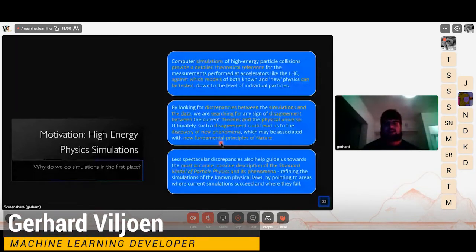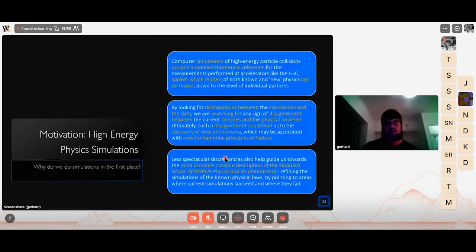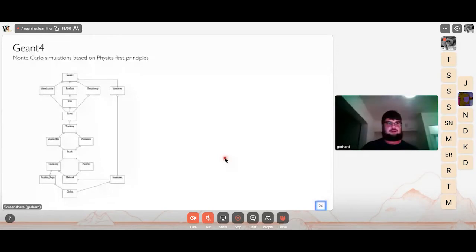That's essentially a disagreement between the theory and the physical universe, and that could lead us to discover new phenomena. It could lead to adjustments of the standard model, and we could discover new fundamental principles of nature. And even if we don't find anything spectacular, we can still refine our models and our simulations so that we can better understand the physical laws behind them.